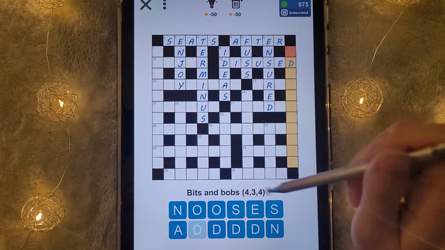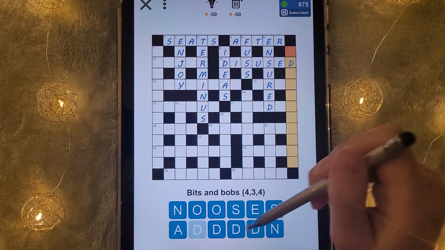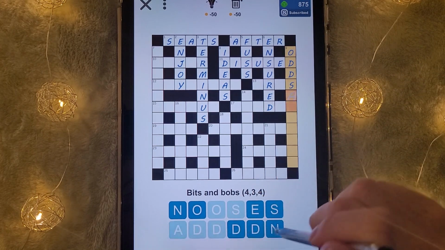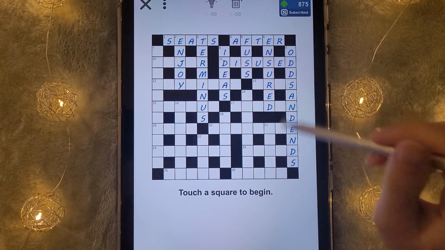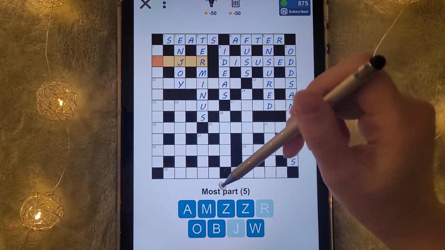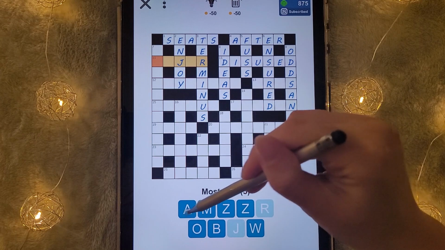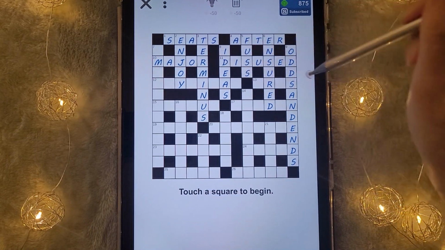Bits and bobs, and it's 3 words. I think that is odds and ends. Okay. Let's do 10 across this way. Most part. Maybe major. Okay. And then we already did the 11.